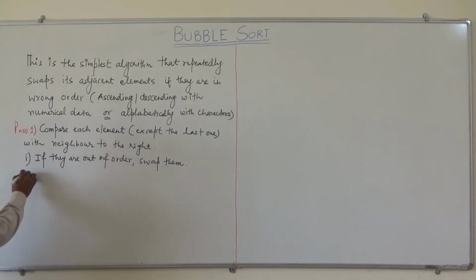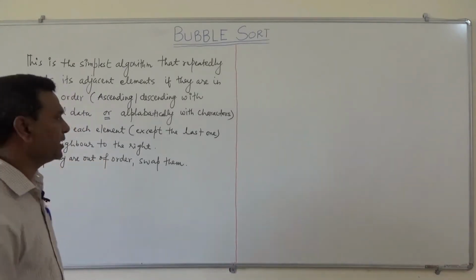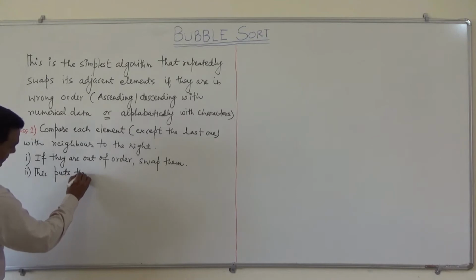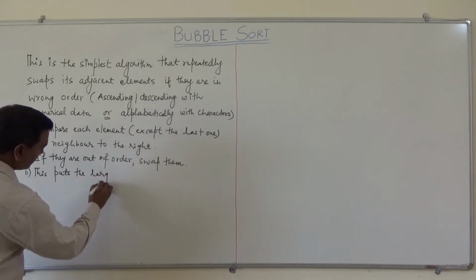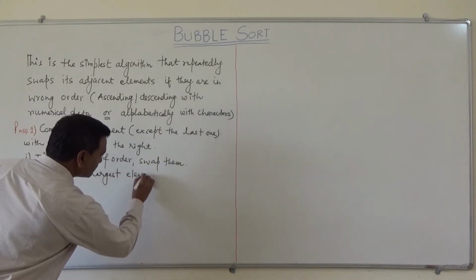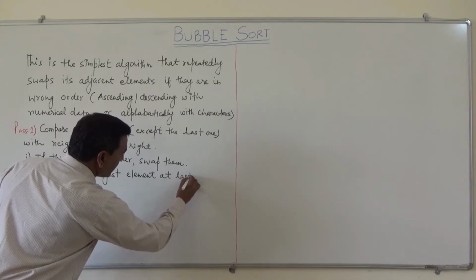When we swap, if they are out of order, it means it will put the largest element at the last position.